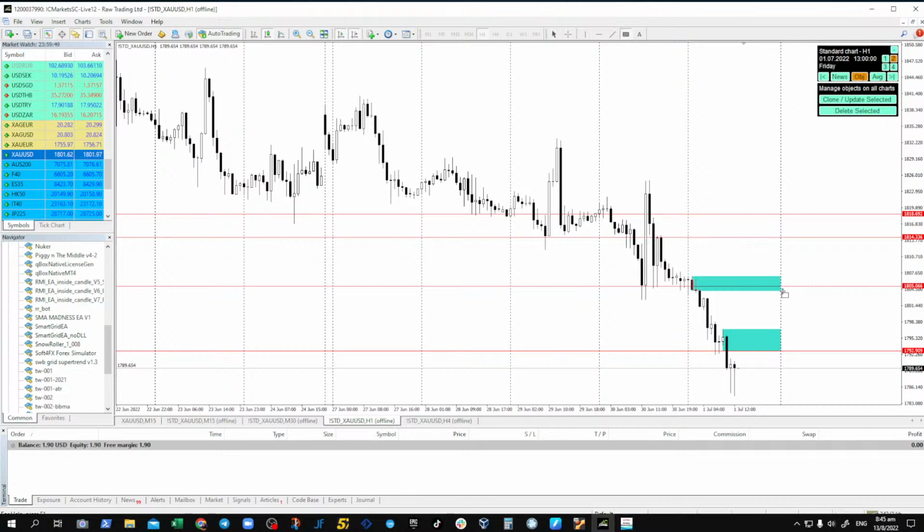We can take this whole candle like this. It's fine. And then here I want to take this bullish candle body as my guide, like this. And up here, I'll probably want to take this whole thing.